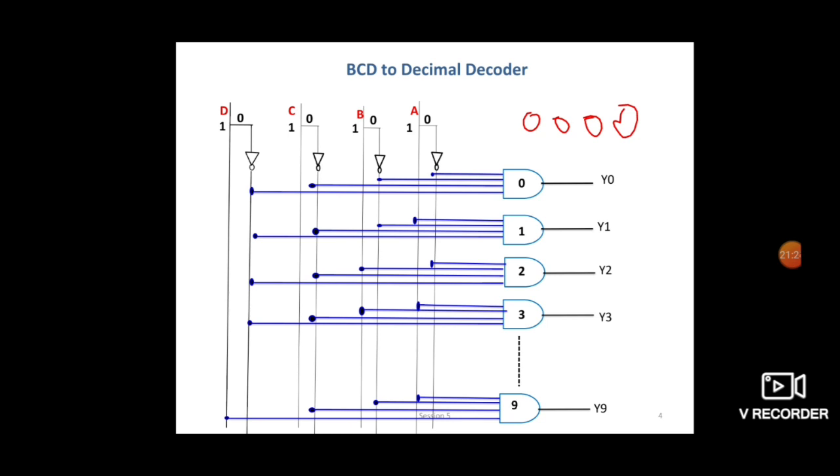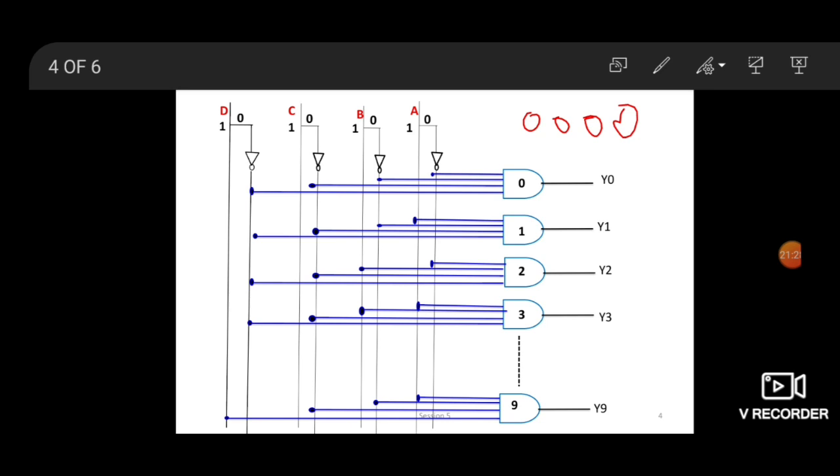So what is the output? Nine. Y0 is equal to 0, Y1 is equal to 1, Y2 is equal to 2, Y3 is equal to 3, like this Y9 is equal to 9. Okay, it will give 9 output.